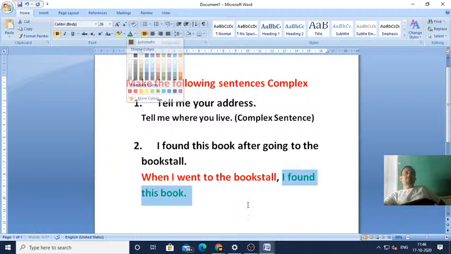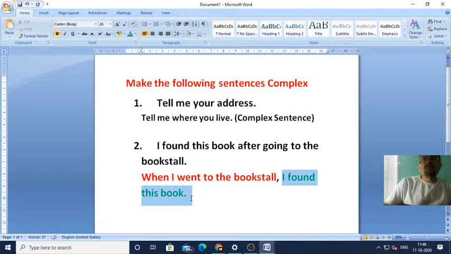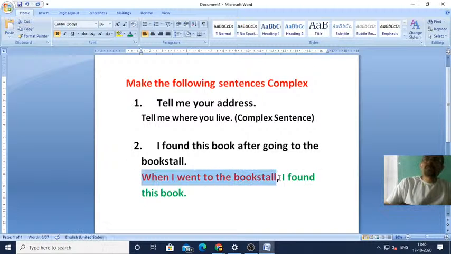Always remember, whenever you convert a simple sentence into a complex sentence, you have to have two clauses: one main clause and one subordinate clause. I found this book is the main clause because it expresses a complete meaning, whereas when I went to the bookstall is a subordinate clause because this clause depends on the other part of the sentence.